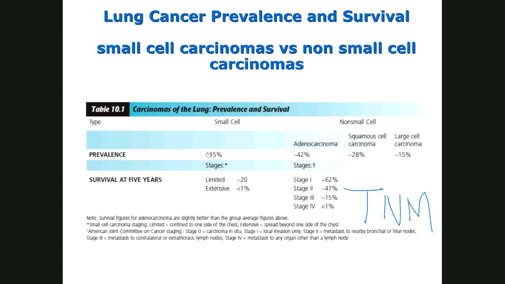Small cell carcinoma is very, very dismal. And the most important thing is that the adenocarcinoma, the glandular type, is the most common non-small cell carcinoma. Okay, and actually non-smokers do develop this adenocarcinoma.